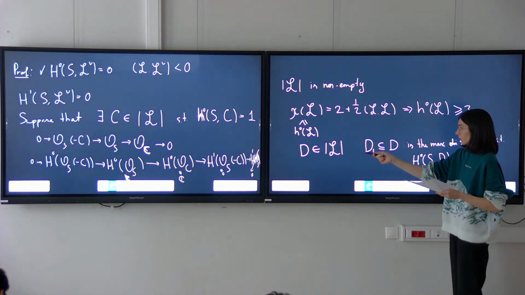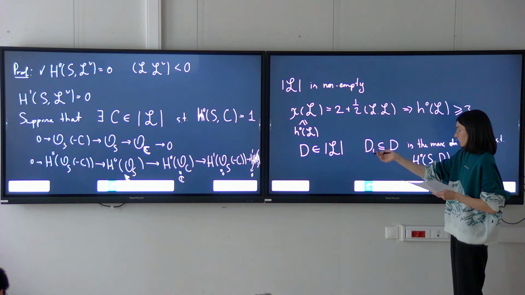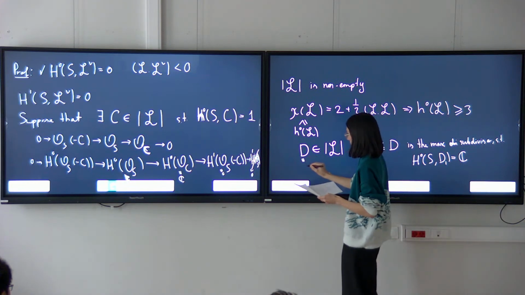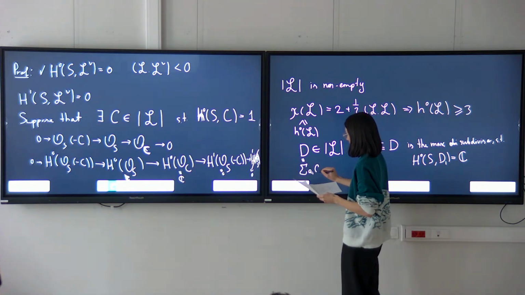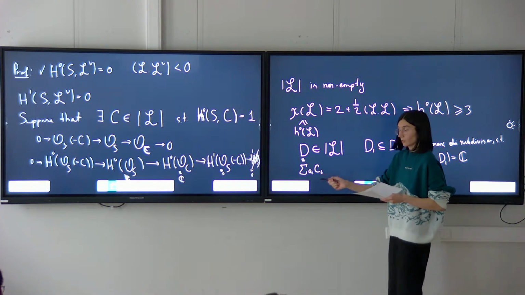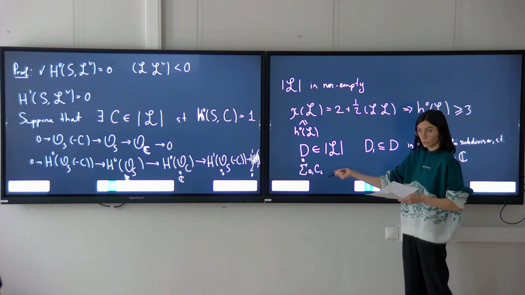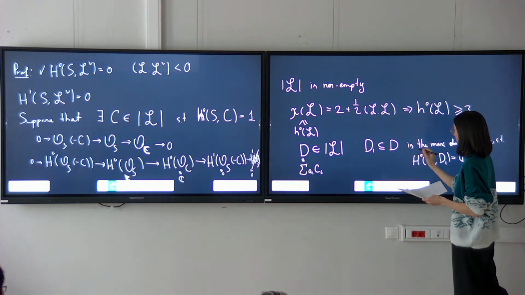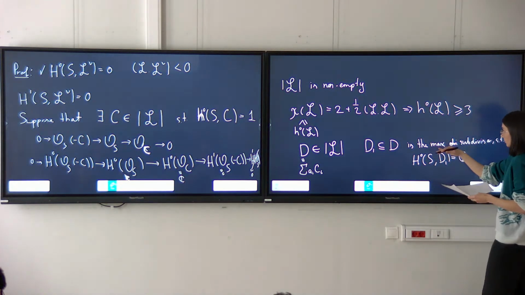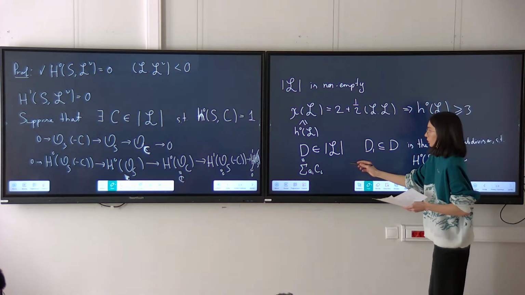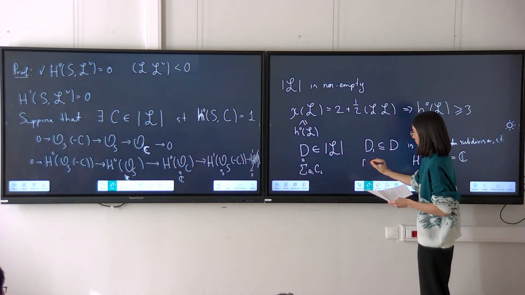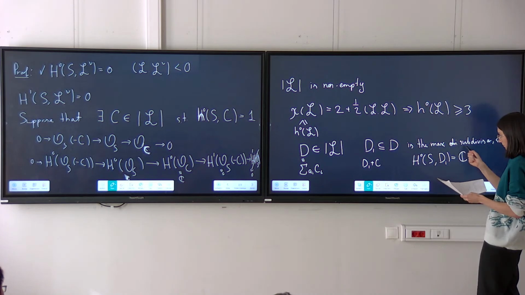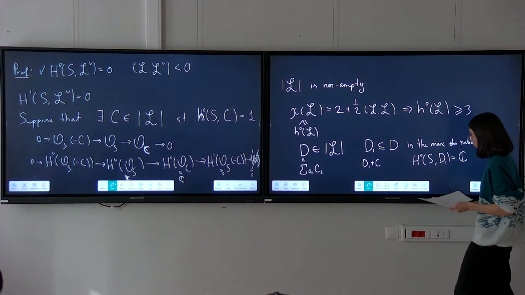Of course, such a subdivisor always exists just because we can take an integral curve. This is an effective divisor, so this is a linear combination of some integral curves, right? And we can always take one integral curve, then its global section will be one-dimensional. And now we take the maximal subdivisor with this property. So we cannot add to this subdivisor some integral curve in such a way that global sections will be still one-dimensional.